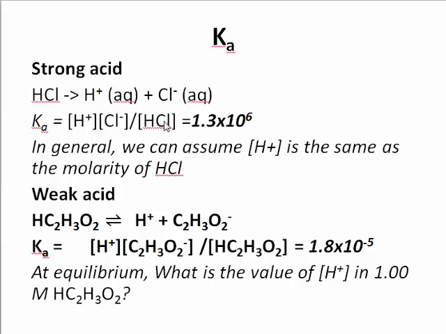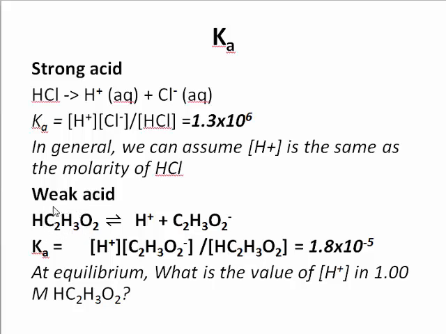HCl concentration is in the denominator. This number is very large, so we have large concentrations of H+ and Cl- and very small concentration of HCl. The math tells you what you already know. This reaction goes essentially all the way to the right. And as you saw back in Unit 1, we can assume that the H+ concentration is the same as the molarity of HCl. In other words, all the H+ comes from complete dissociation of HCl, and we don't have to worry about small contributions from the autoionization of water.